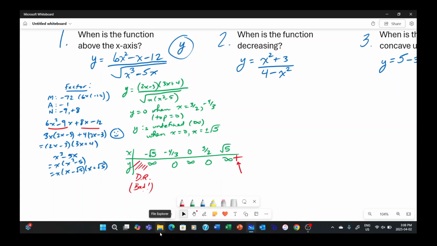All right. Now let's try another section of the graph here. Let's try a number just a tiny bit bigger than 0. So sometimes you don't have to do all this work. And you're going to see what I mean in a minute where you can save some time. So let's just do this one here. We're putting in a tiny, tiny number like 0.0001. If you put that in here, you're going to get a tiny number minus 3, which is a negative. Here you're going to get a tiny number plus 4, which is a positive.